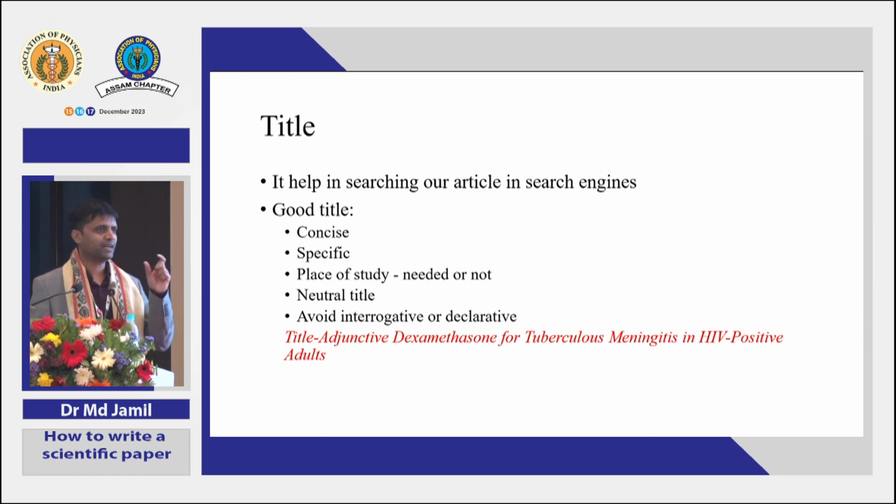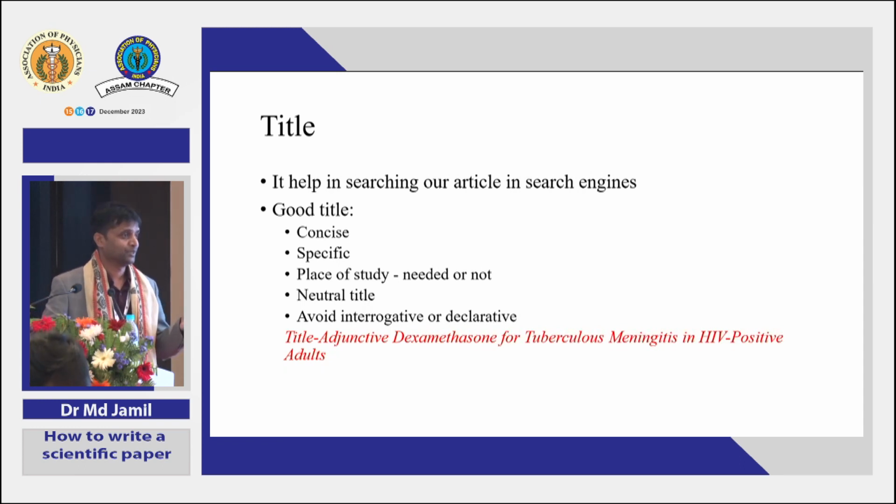The way we write the titles, it should be very concise, it should be specific. If needed, we can put the place of the study. It should be neutral. It should not be interrogative, like what is the role of dexamethasone in tubercular meningitis? Or declarative, like dexamethasone of 4 days is the best treatment for tubercular meningitis. So we should avoid those terms.